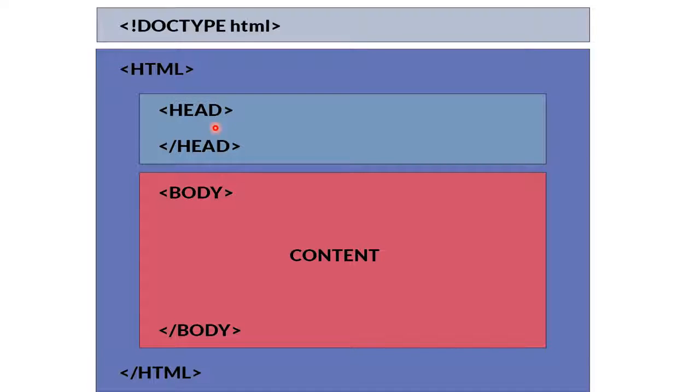These files or these links or sources are not rendered. You will not see them on the web page, but this is where you mention to the web browser that it needs to load those files or those style sheets. Everything contained in the body of the HTML page is what you actually see, or the content of the web page.